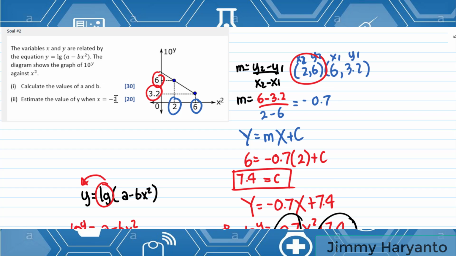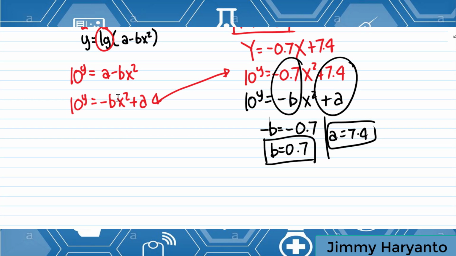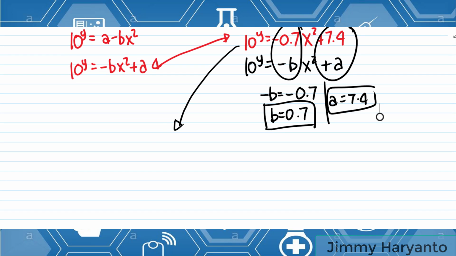The second question, find the value of y when x equals negative 2. So let's use this equation. X equals negative 2. 10 to the power of y equals negative 0.7 times x square plus 7.4. The x is negative 2 square.